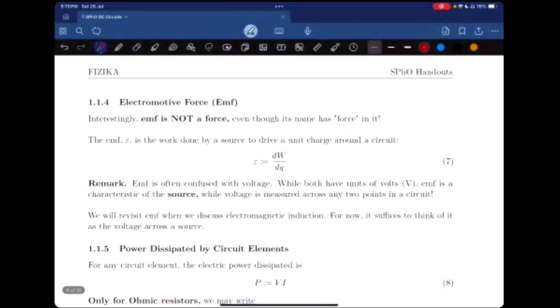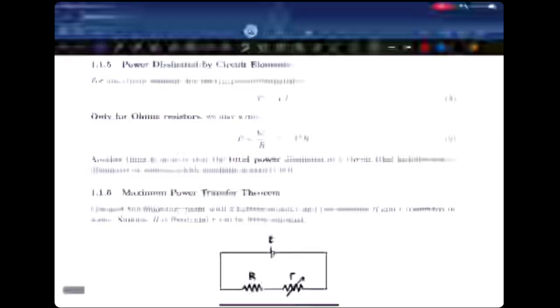So voltage can be defined, and there are the formulas here for ohmic resistance to just remember.